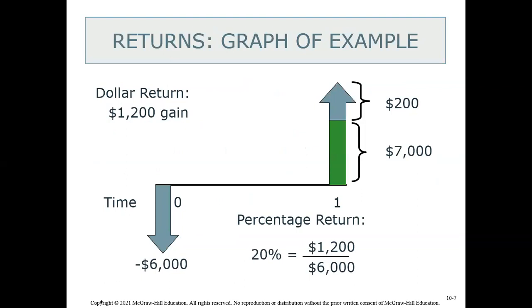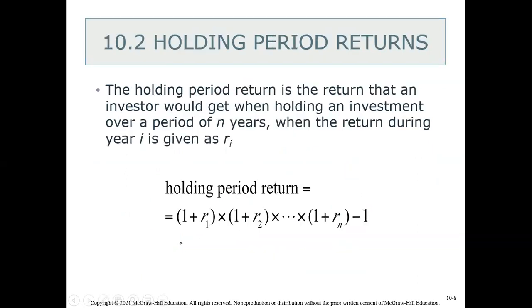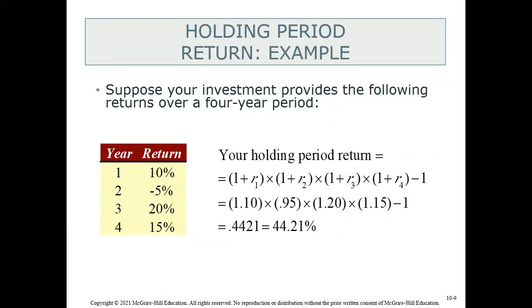So if we graph this, we spent $6,000. Now, at time 0, and you see this, this is our horizontal axis here. At the end of year 1, so we gave up, oops, sorry, let me go back there. Let me see if I can go back.